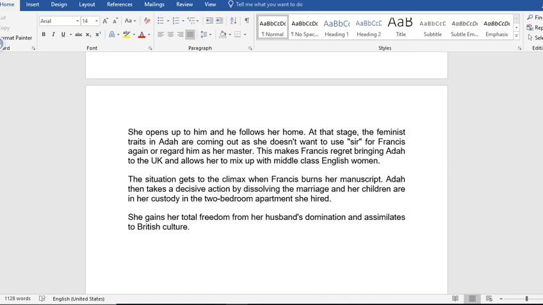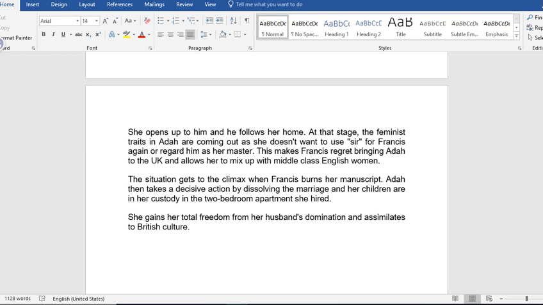She opens up to him and he follows her home. At that stage, the feminist traits in Ada are coming out as she doesn't want to use "sir" for Francis again or regard him as a master. This makes Francis regret bringing Ada to the UK and allows her to mix up with middle-class English women.